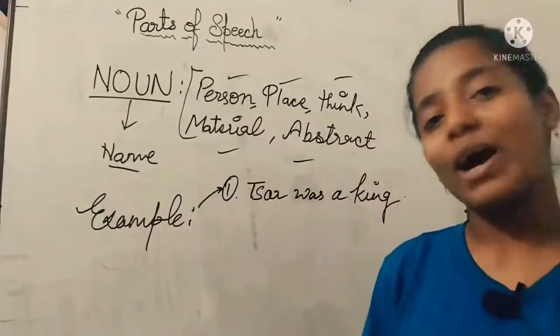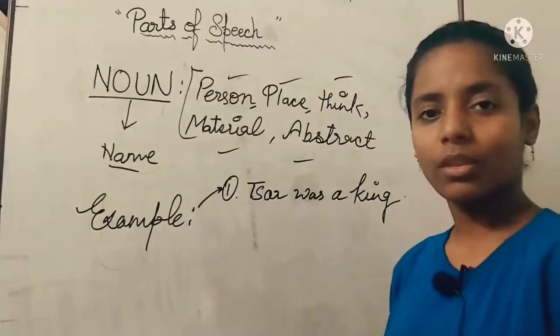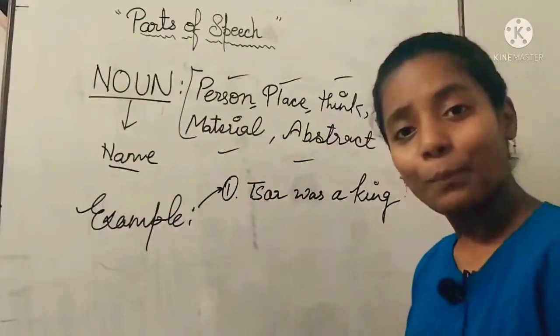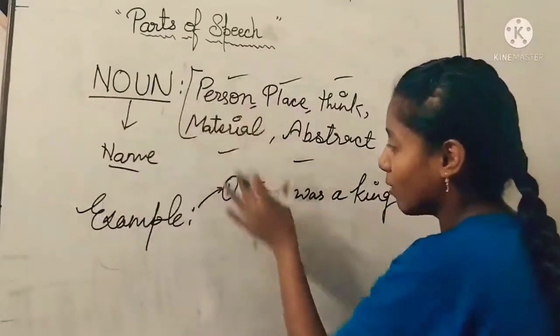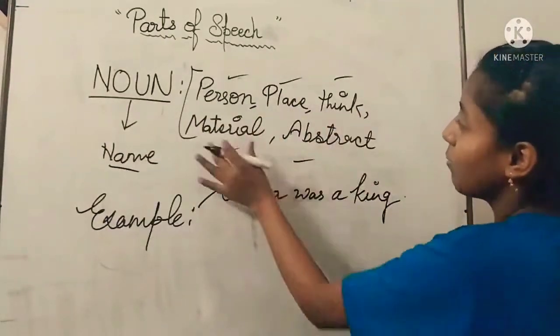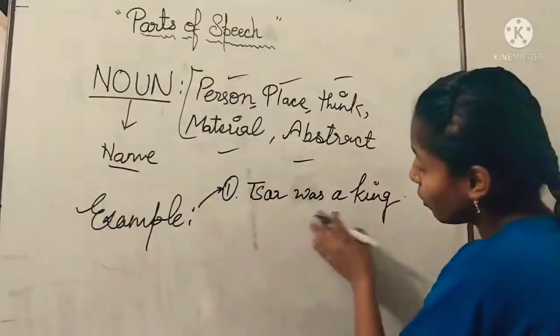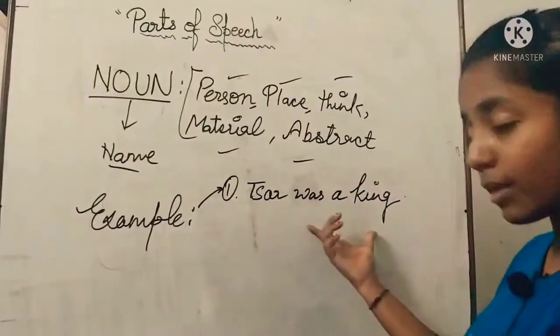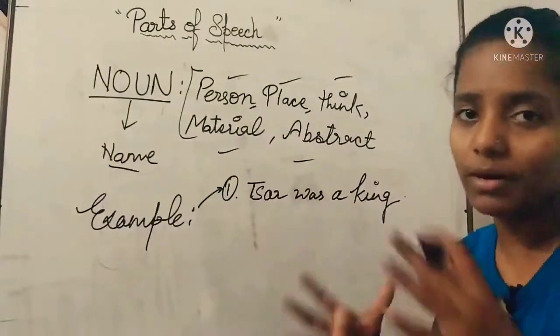If you are asked to find the noun from this particular sentence, how will you find it? Simple. You will pick the noun by seeing if there is any name of a person, place, thing, material or abstract. Here, you can easily say that Czar is the name of a person.